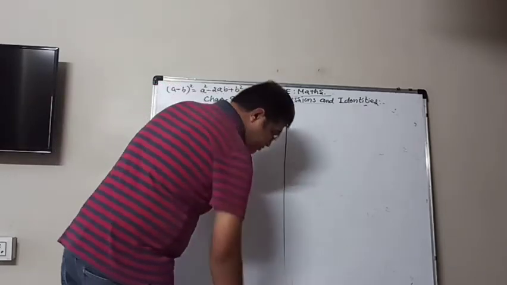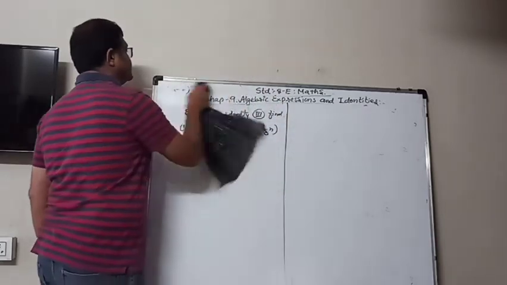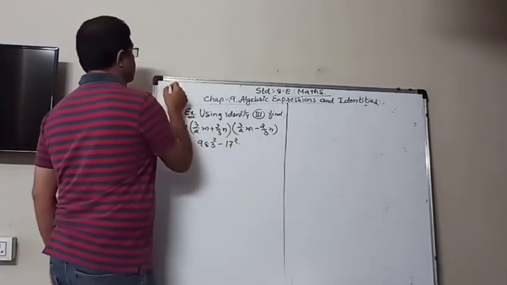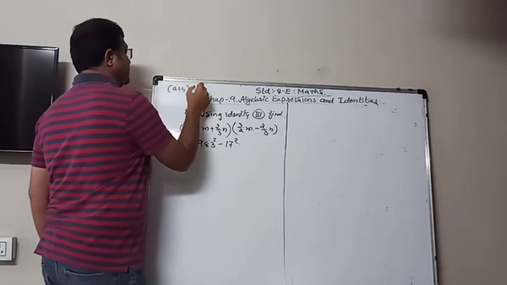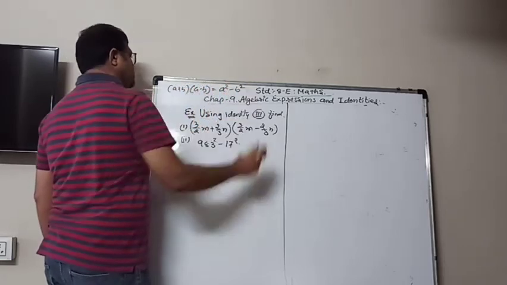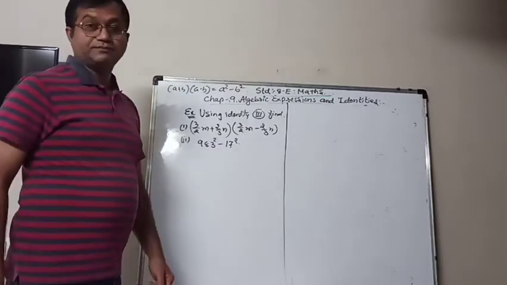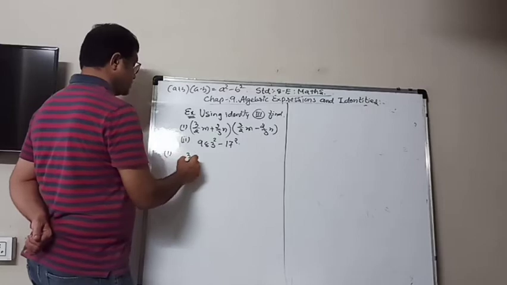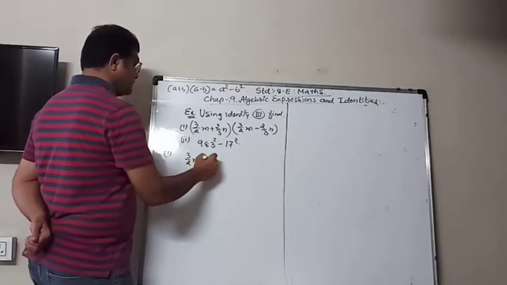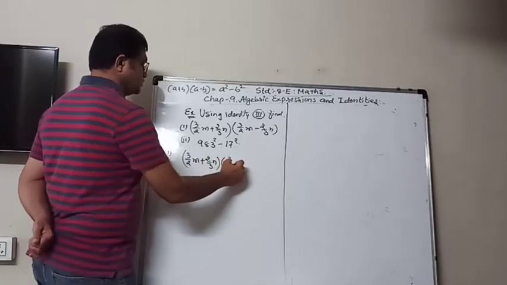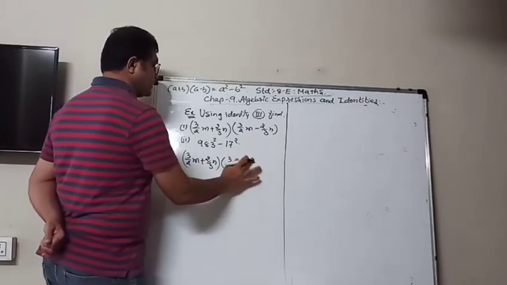Now what is your third identity? Third identity is (a plus b)(a minus b) equals a square minus b square. So let's do the first one: (3 by 2m plus 2 by 3n)(3 by 2m minus 2 by 3n).